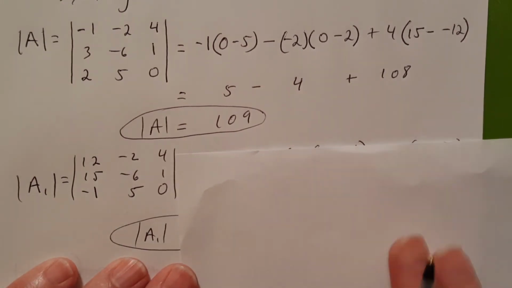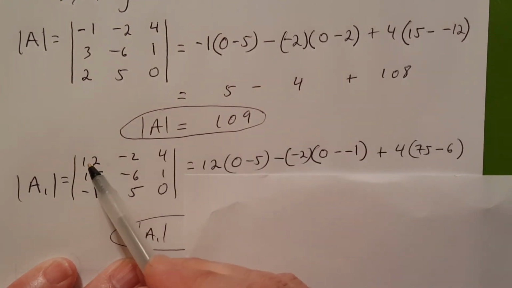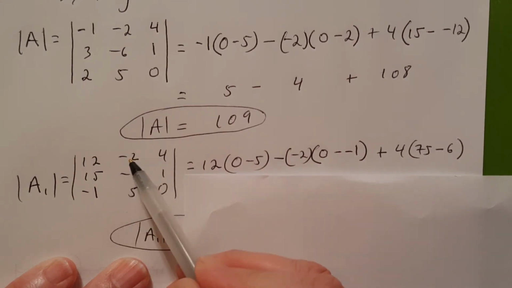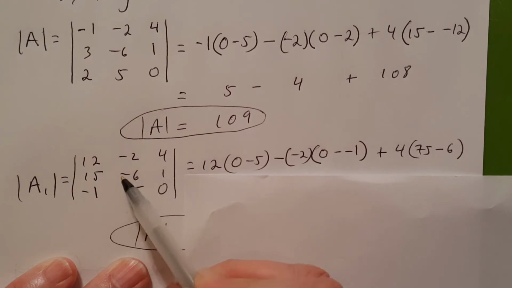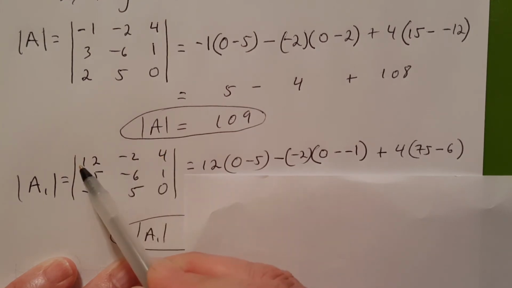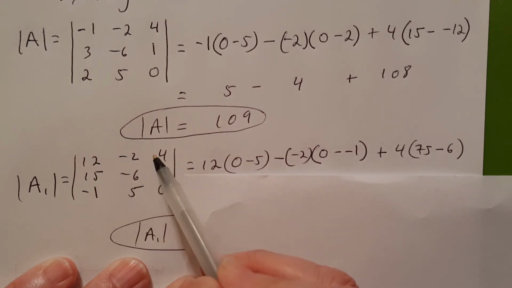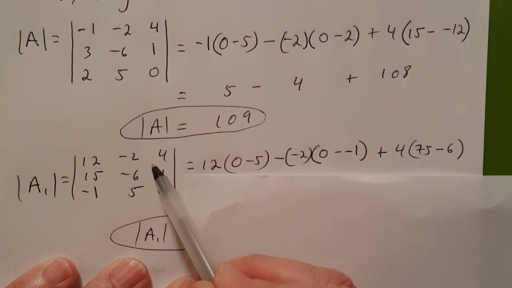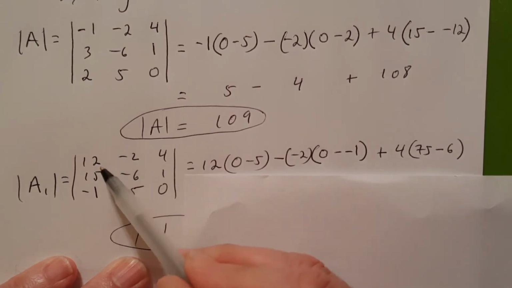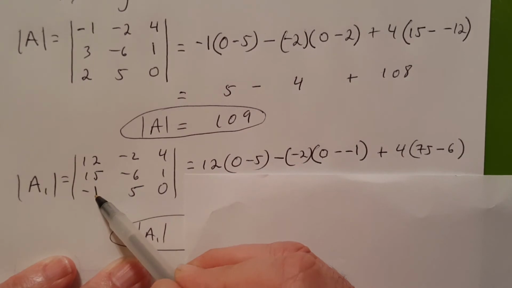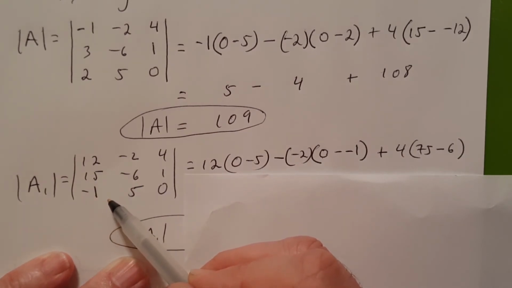So now we do the same exact thing. Ready? So it's 12 times 0 minus 5. Then it's negative 2 times 0, 12 times 0, minus... is this correct? 12 times 0 is 0, and then 4 times negative 1 is not 1.